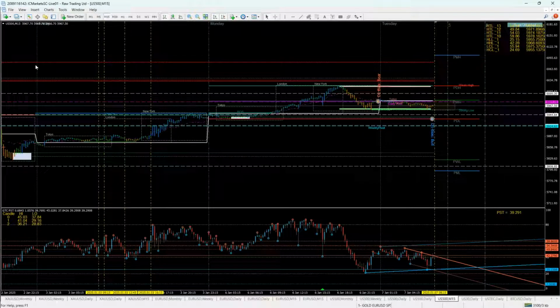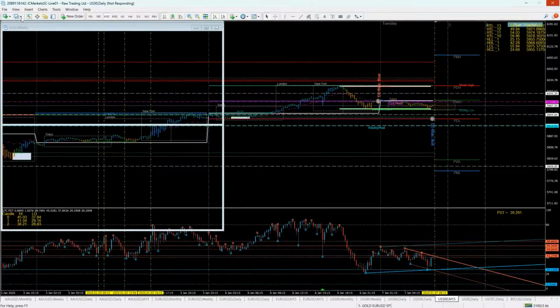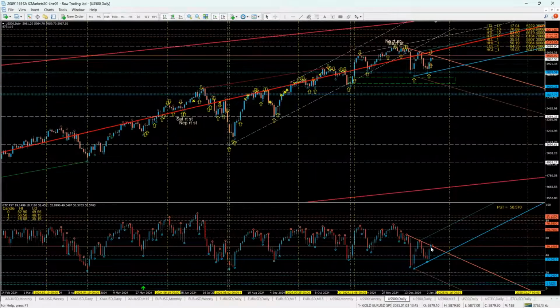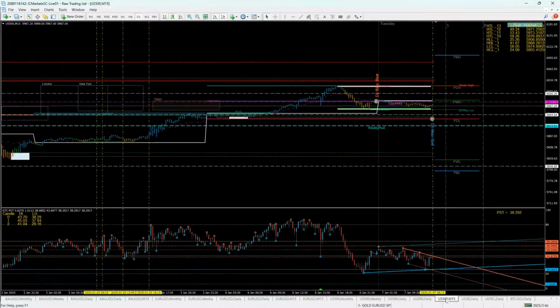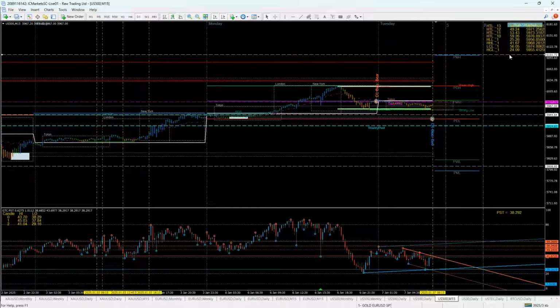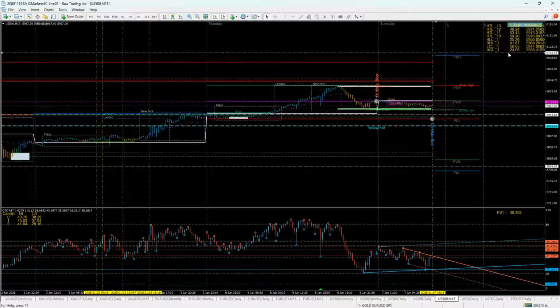Oh crap, now on the SP 500, I forgot to take a look at that targeting, didn't I? Let's just go back. Right, so let's check it out. So if we break upwards here, we're going to target the LCL 6106 on the daily. 6106 on the daily.